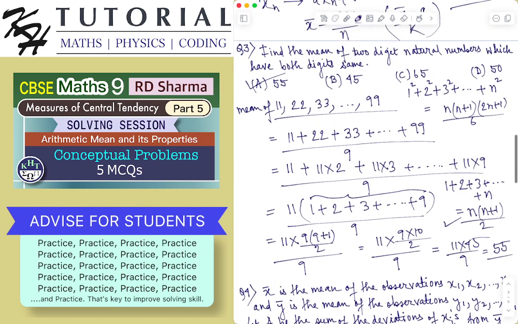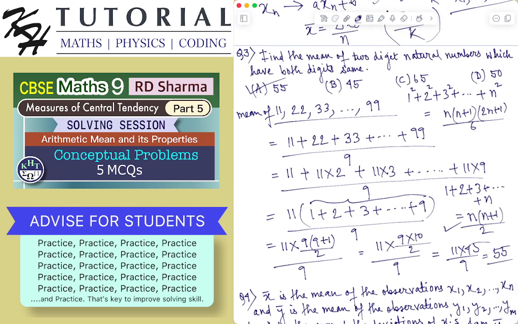Where will I write? I have no space. The sum of the cubes of the first n natural numbers is equal to the whole square of n into n plus 1 by 2. These results you must know. It will be very handy.